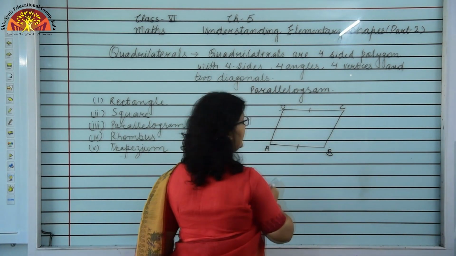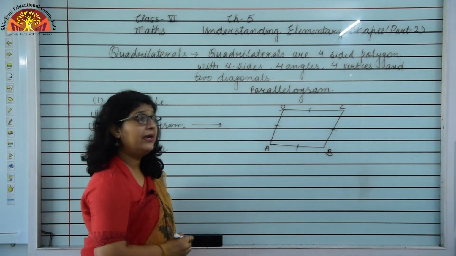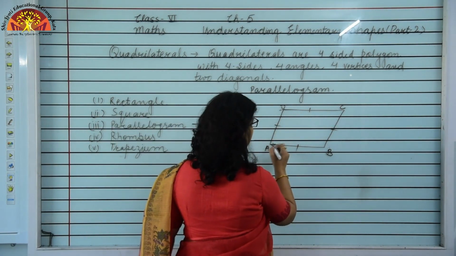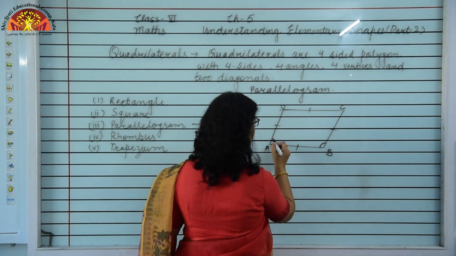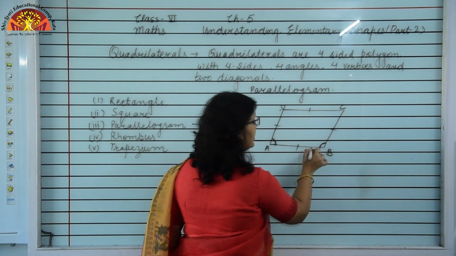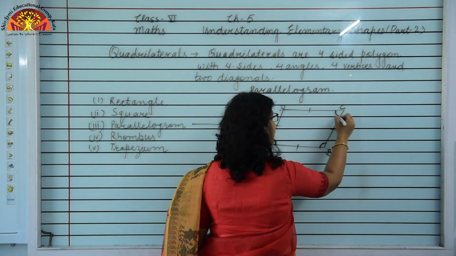This side and this side are equal and parallel, and this side and this side are equal and parallel. But in this, angles are not equal. Means angle A and angle B will not be equal. But in a parallelogram, opposite angles are equal.